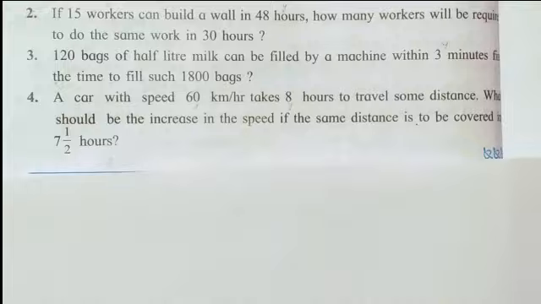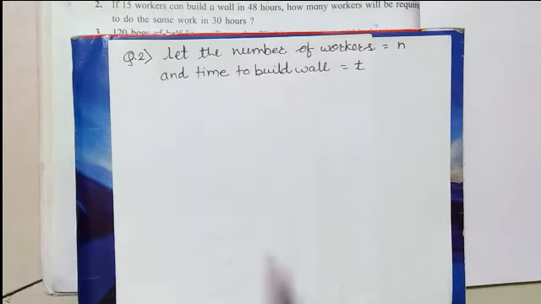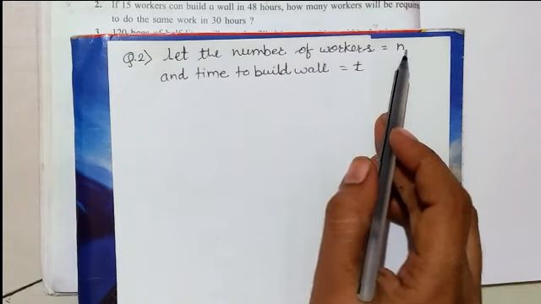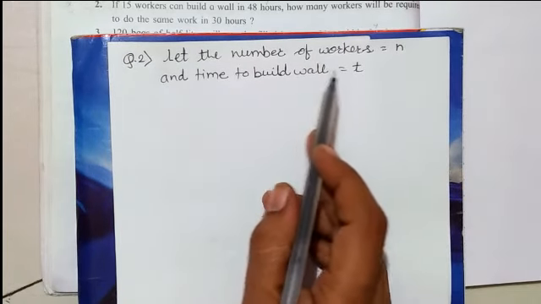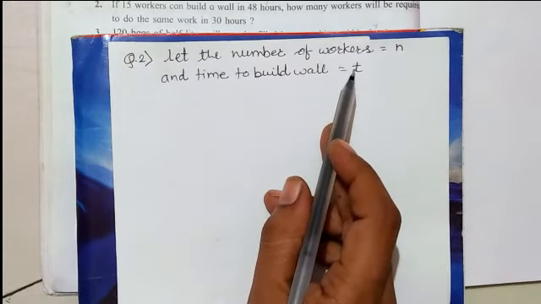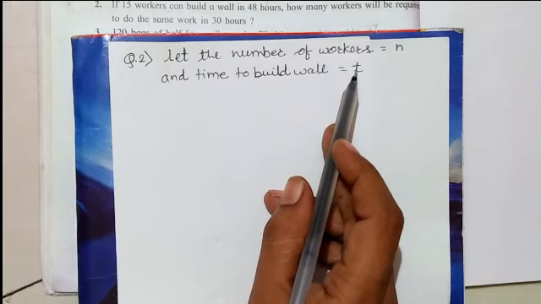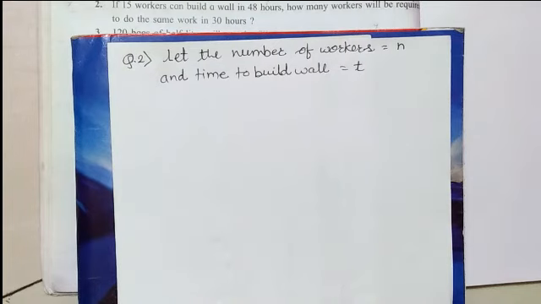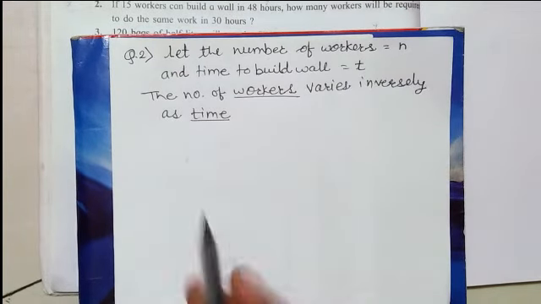So let's solve it. At first, let the number of workers be n, and the time to build a wall be indicated with the letter t. Both these numbers vary inversely. So how are we going to write it?